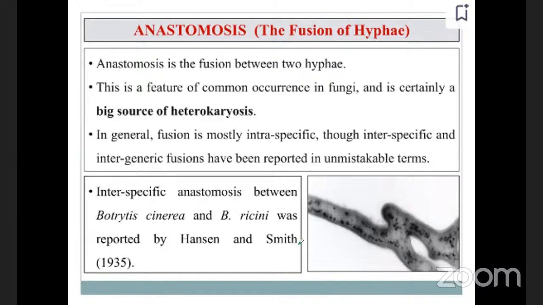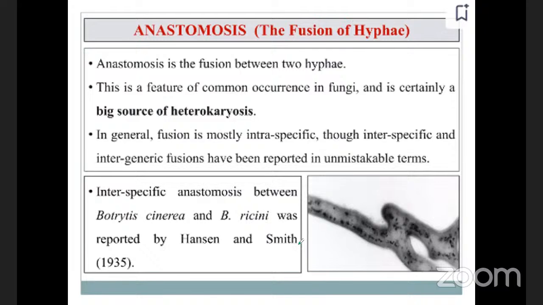And anastomosis: we studied heterothallism, two different strain thalli, where two genetically different nuclei mate. With genetic modification, high frequency and high potentiality will gather.